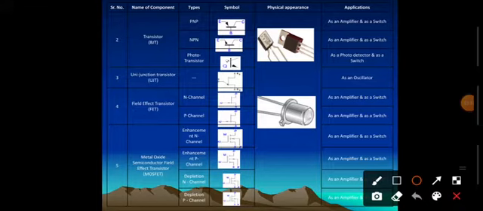If anyone asks you what the application of BJT, FET and MOSFET is, you should be able to tell him that basically there are three applications: switch, amplifier and oscillator. Now let us move to the next slide.